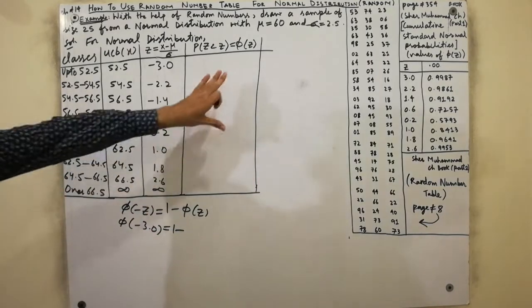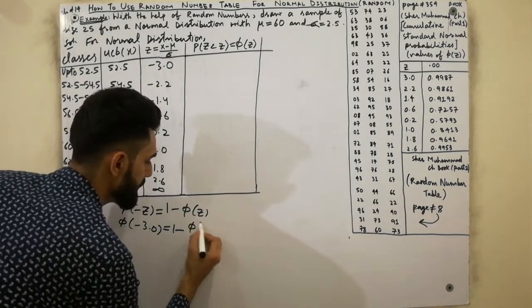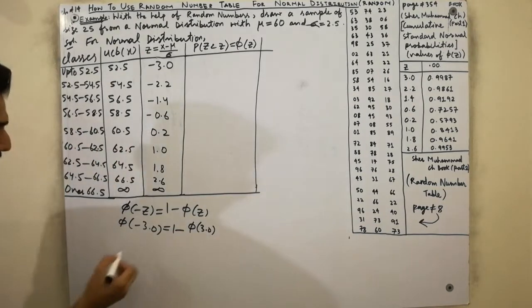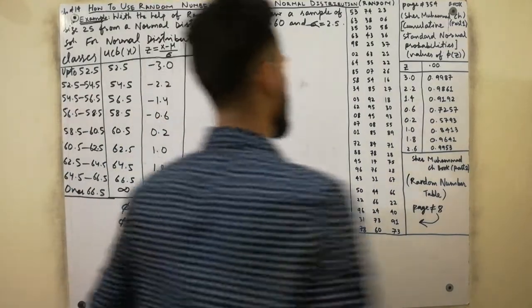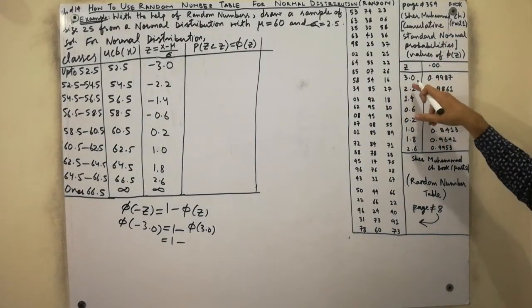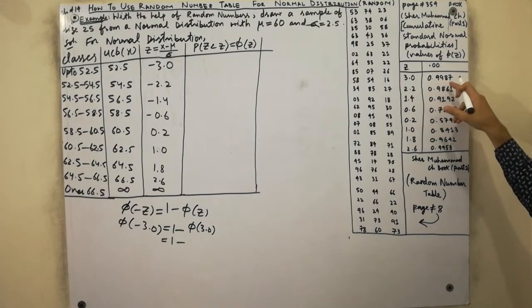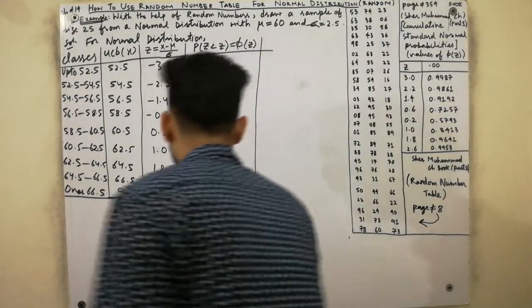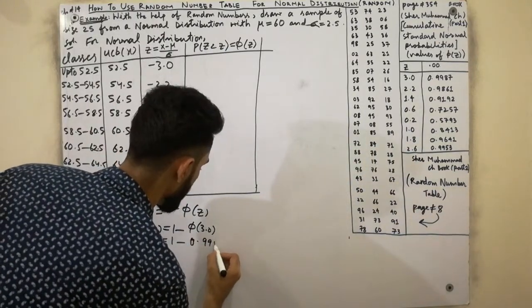Now I'm calculating probabilities for each value. 1 minus phi of 3.0. The approximate value for 3.0 is 0.9987.